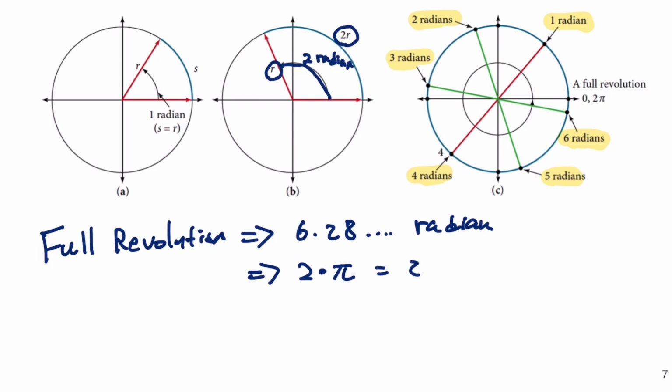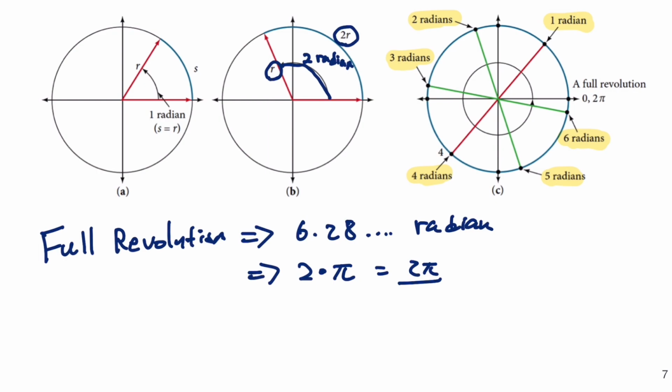We call it just 2 pi. So 2 pi is about 6.28, an unending decimal. That's the full revolution. So the circumference of a circle, or full rotation arc length, is about 6.28 times as large as the radius length.